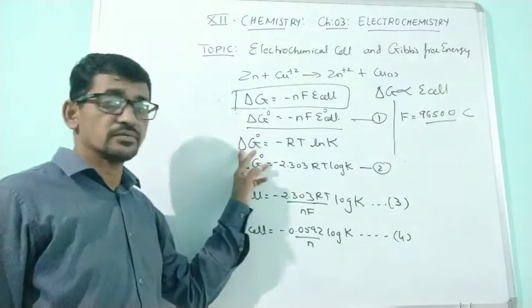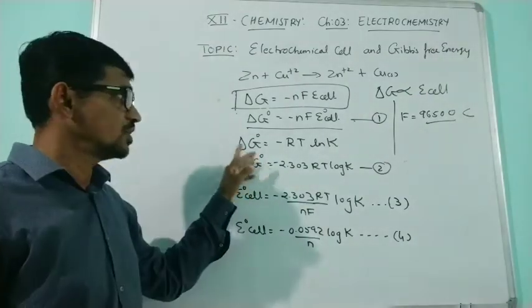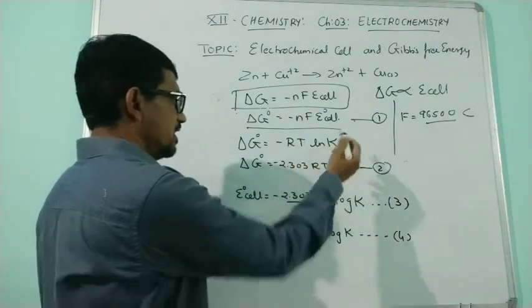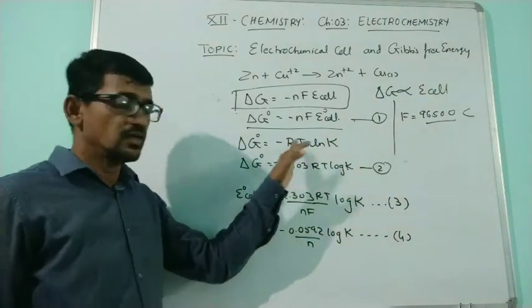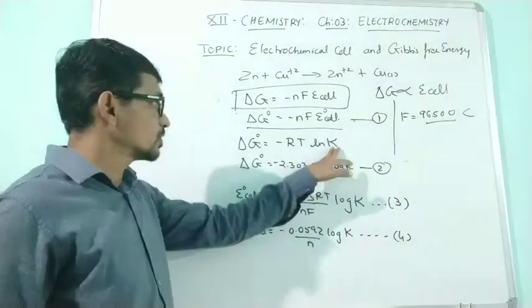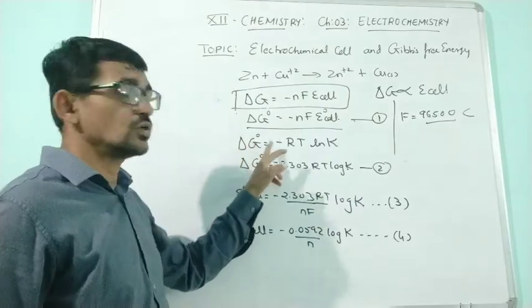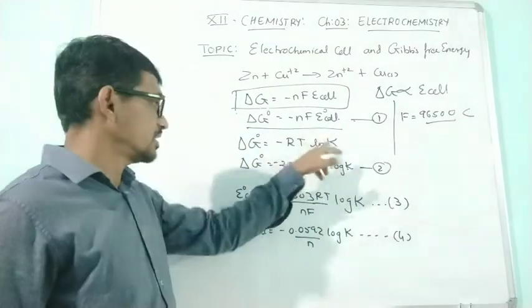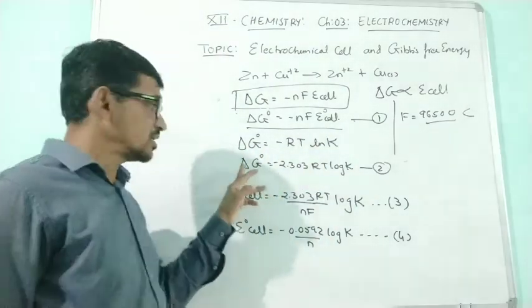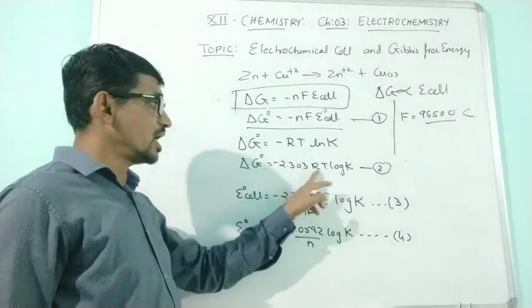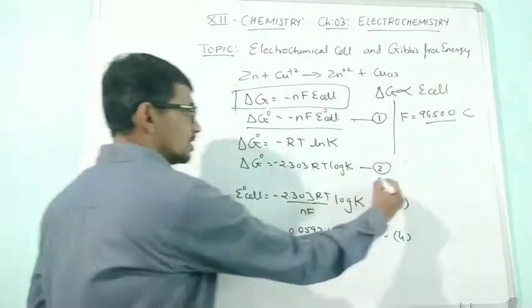Next, if you relate it with the K value, then delta G is equal to minus RT ln K. Why? Because E cell is related with the K value. If the cell is standard, then instead of ln you can take 2.303 RT log K. So this is equation number 2.